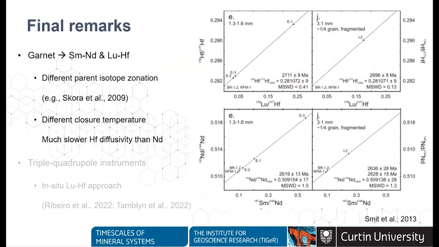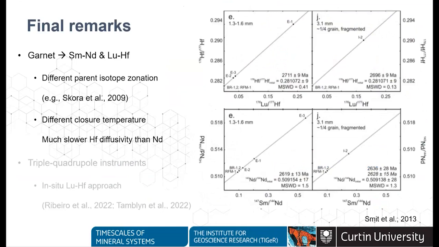When we have papers that use both techniques, we generally get different ages, with the lutetium-hafnium being older than the samarium-neodymium. This paper is kind of a theoretical paper using different grain sizes of garnets from the same sample. I just selected two diagrams here.